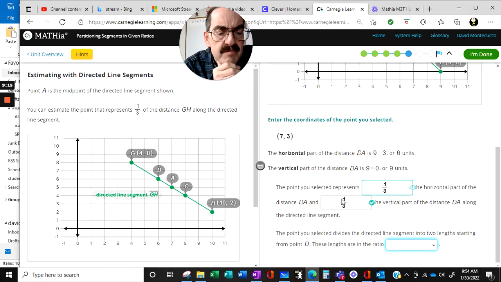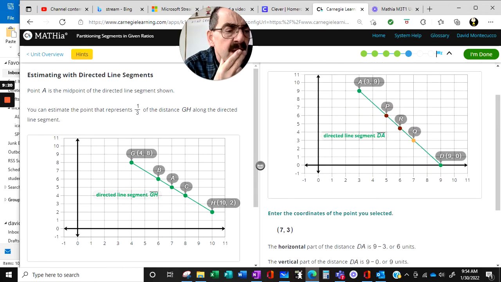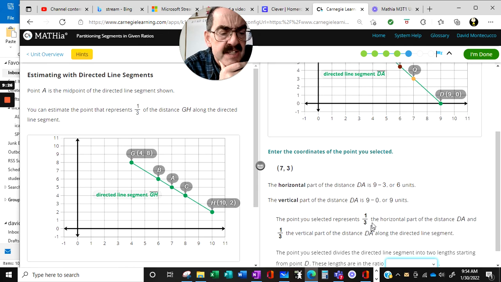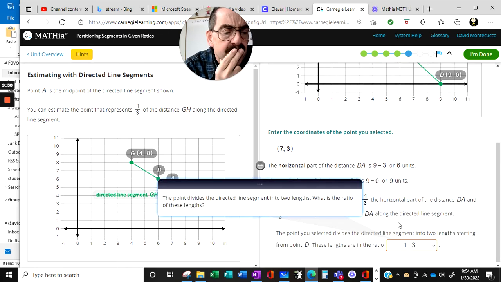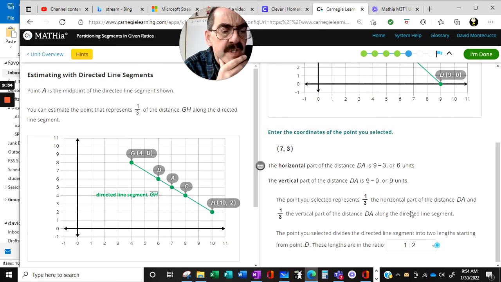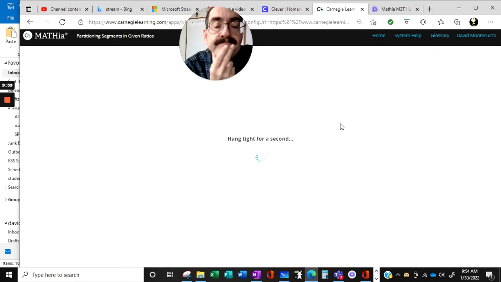Everything's in thirds, but they're in the ratio of 3 to 9. 3 to 9, that's 6 items. 1 to 3. 1 to 2, 3 total units. Yep, blew that one. My bad.